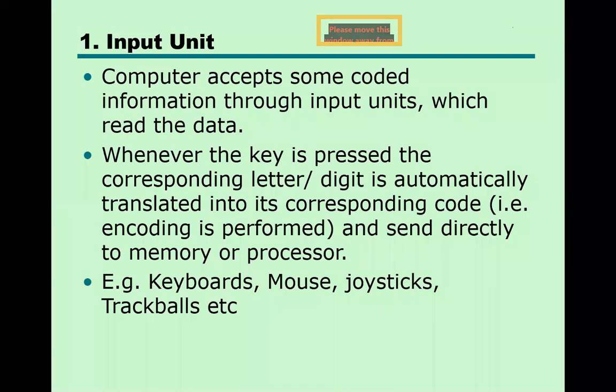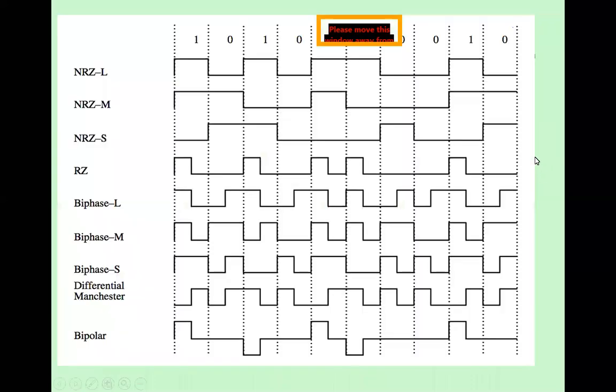I hope you understood. Your data does not go directly as it is. For example, if you enter a character, first it is converted into coded information like ASCII, and then ASCII to binary, and it will be stored in computer memory or go to the processor for execution.